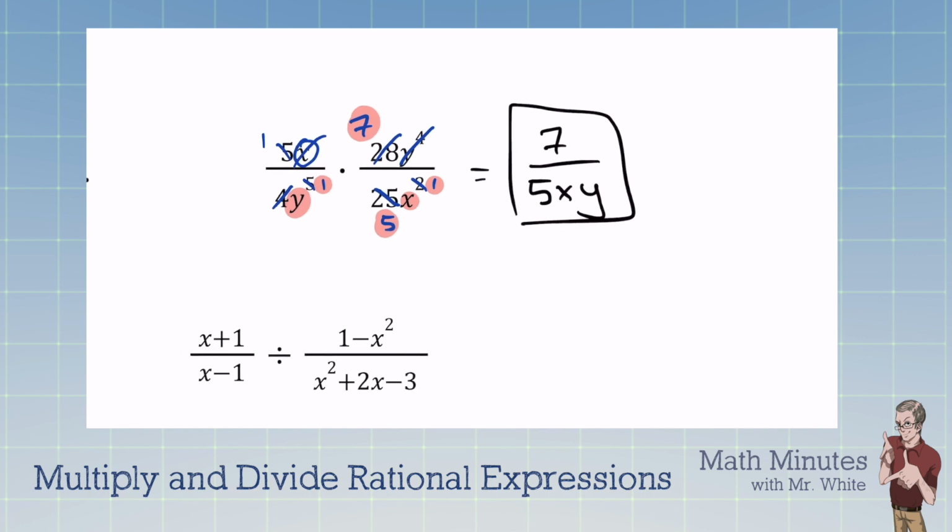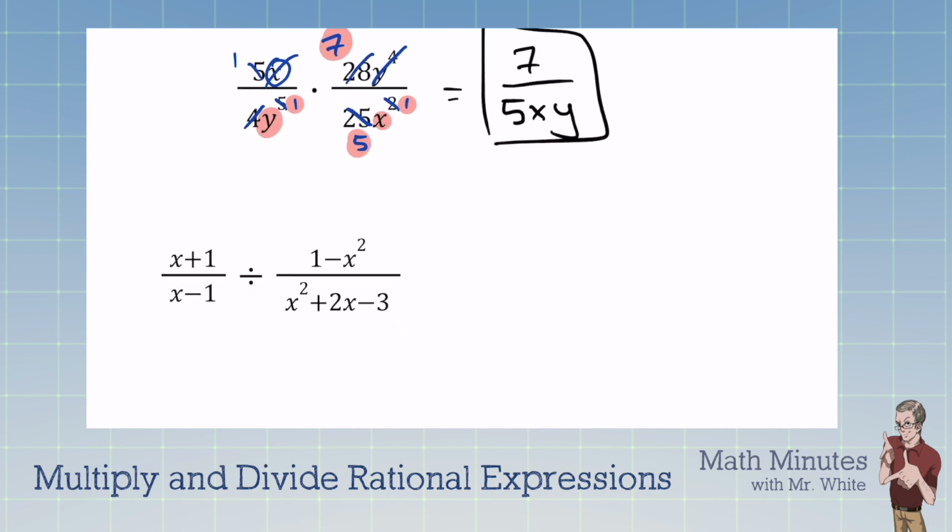Again, make sure you've tried this next one before you watch me do it. Now this one has a trick in it where we're going to factor out a negative. So this is a really important one to try. So we're going to flip over that second one while I'm rewriting it and factoring. So here we go. This becomes multiplication.